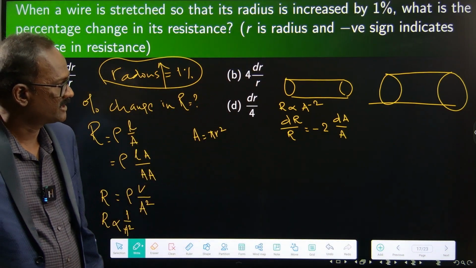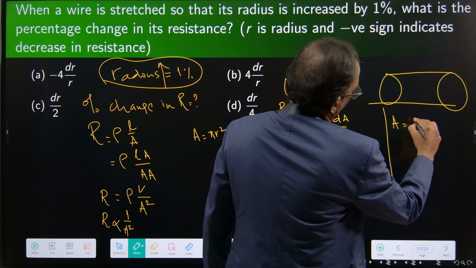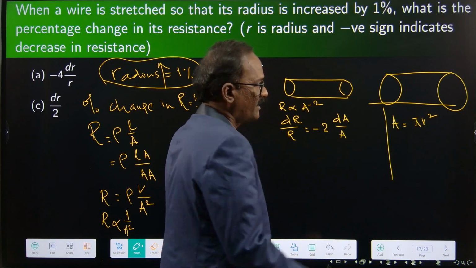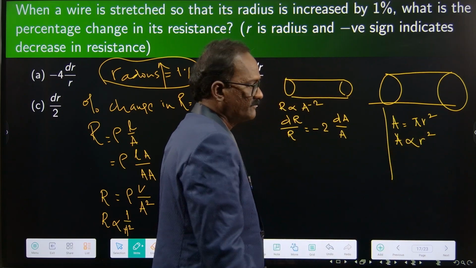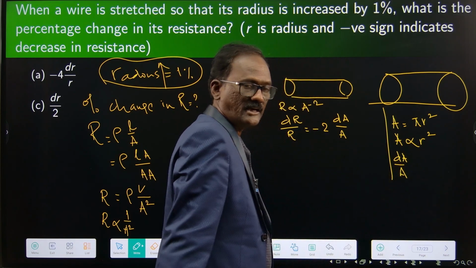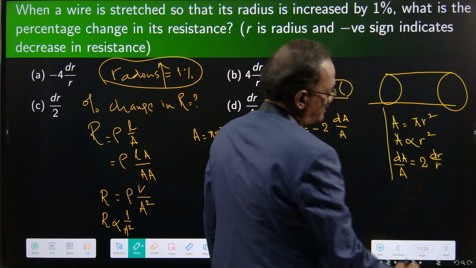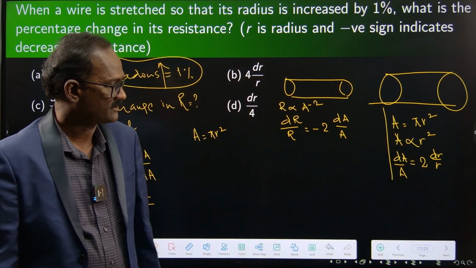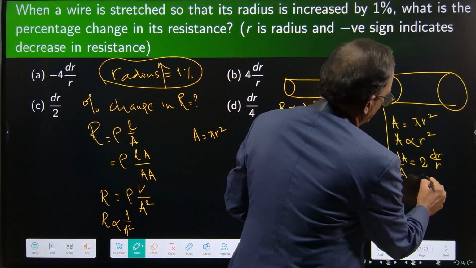Radius we have to incorporate. Area is equal to pi r square, so area is proportional to r square. Again, by error analysis, dA by A is equal to 2 times dr by r. Instead of dA by A, I can take this value.